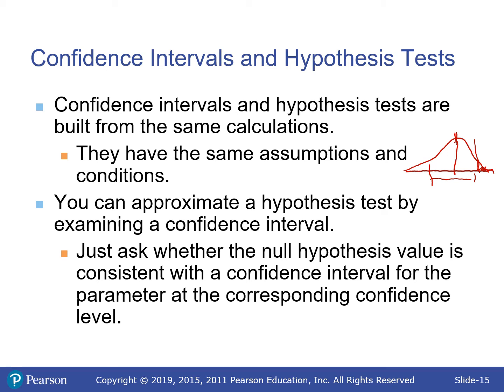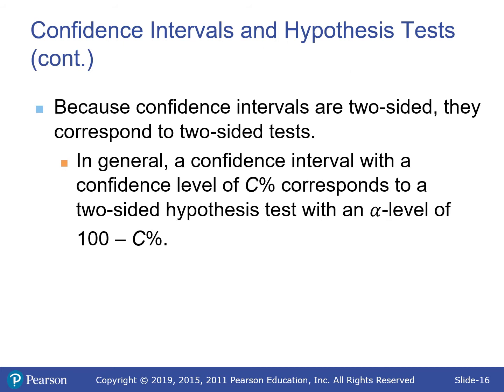And so, confidence intervals with two-sided tests are super easy, because the confidence percent is basically the same as the alpha level. It's just the other part, so it's 100 minus that.